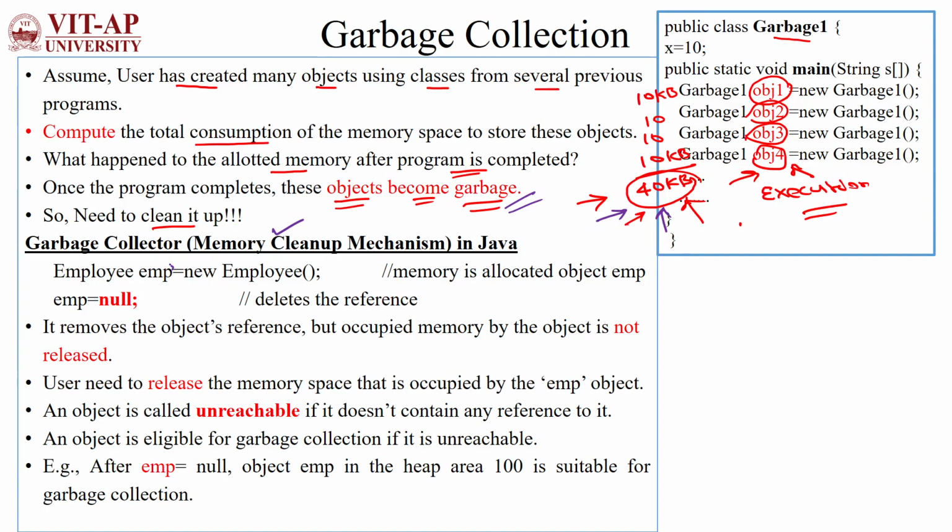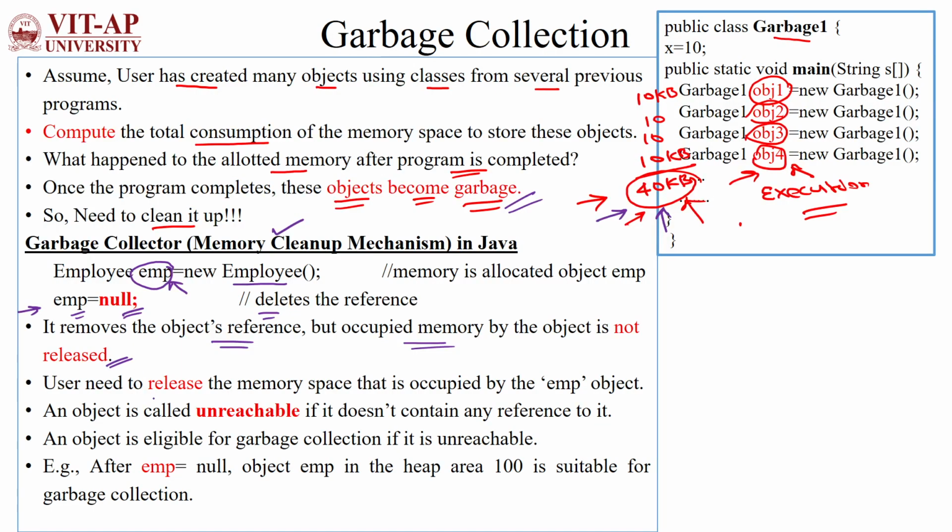For example, here emp is the object created using the class Employee. Once it is created, some memory locations will be allotted. Then we delete the reference for this object by assigning the null value. This removes the object's reference, but the memory occupied by this object is not released.